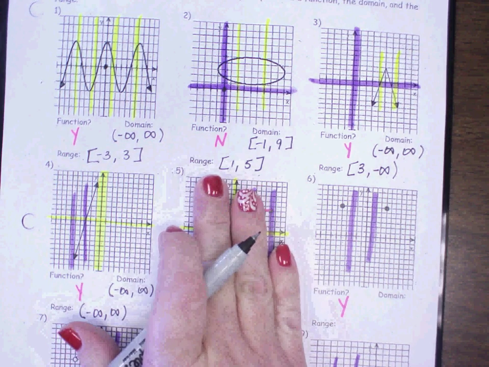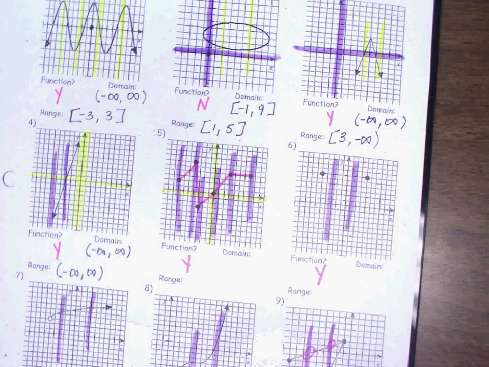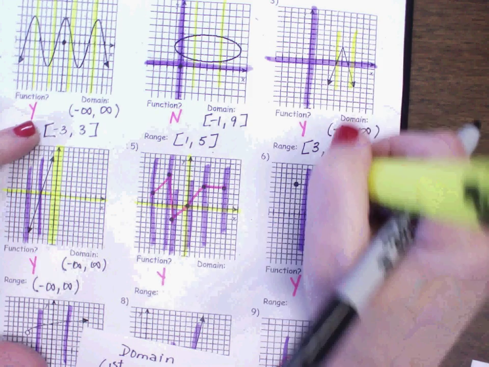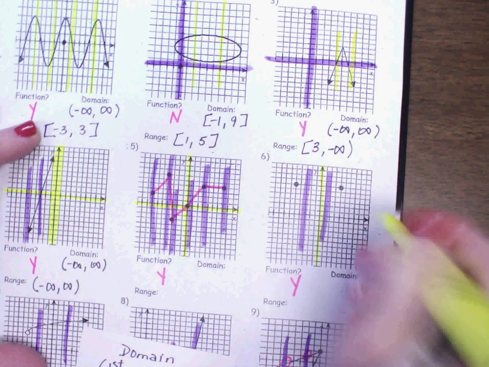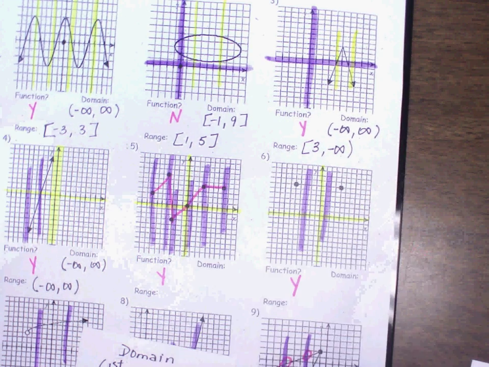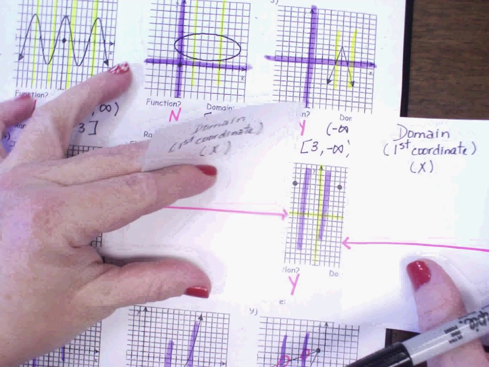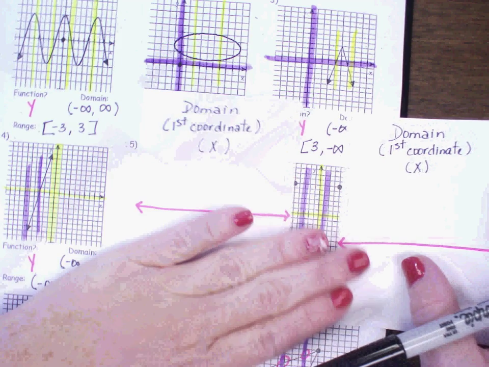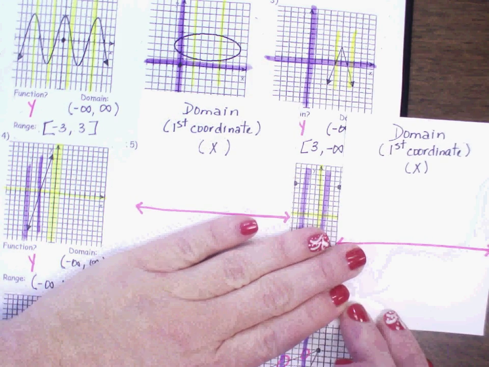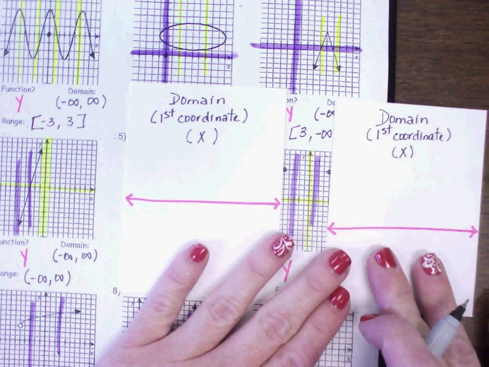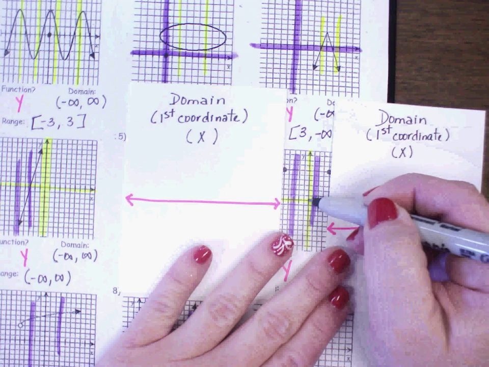All right. I'm going to show you how to do that in a second because this is a little bit more hands-on. But let's do this one. Let's do domain. Let me highlight my X and my Y because it's hard to see in this copy. So domain would be from here to here. Talk to me about those numbers.